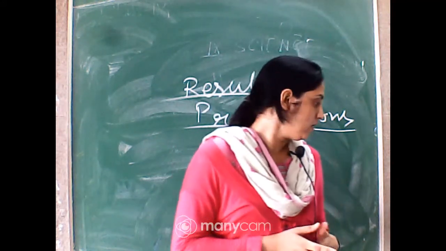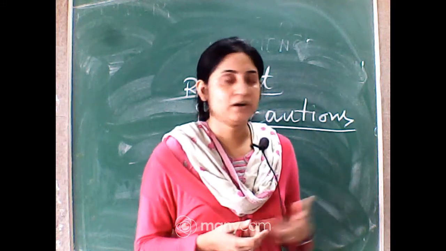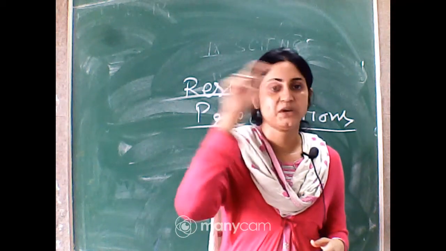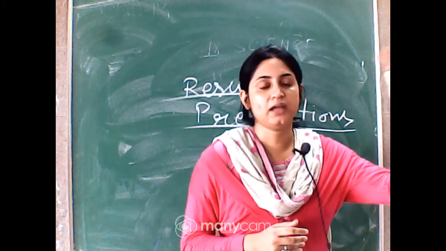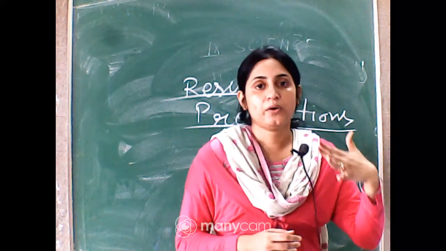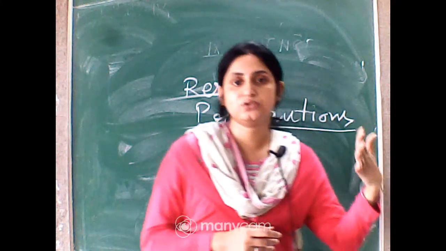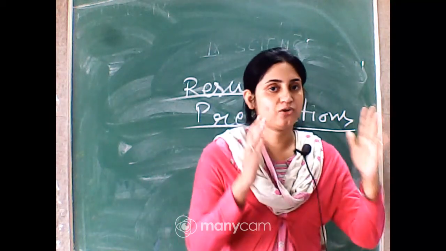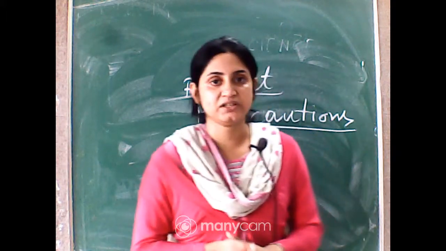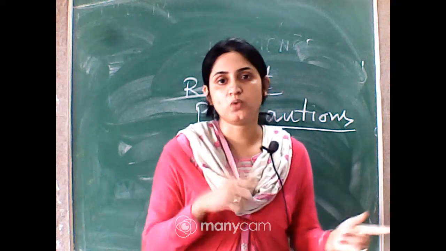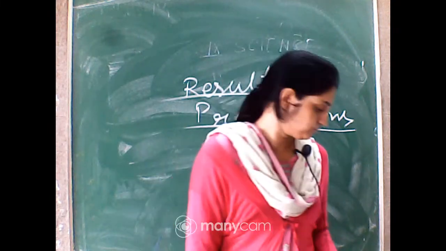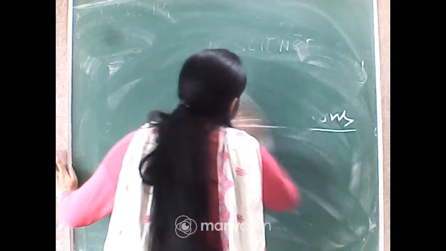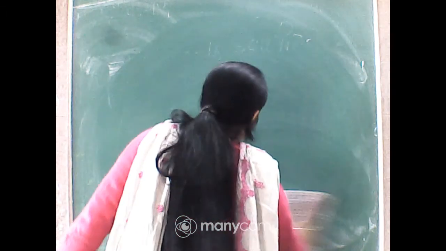On the first page give the heading experiment number 1, then write aim, procedure, observation, result and precaution, and draw the diagram on the left side of the white pages. Just continue one by one. If you have any problem you can ask me. We have completed experiment number 1.